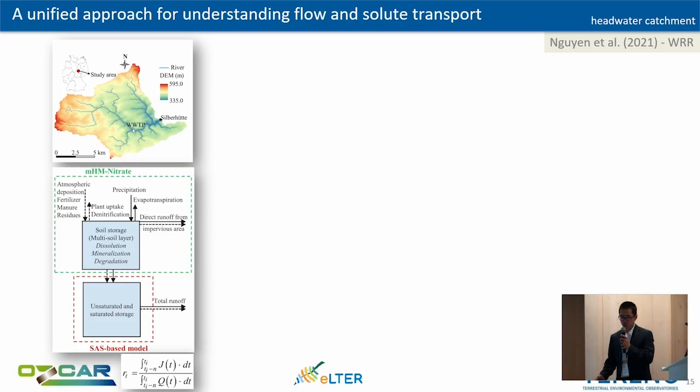We use different functional forms of the SAS function, allowing it to change its form, for example preference for young water or preference for old water, depending on the ratio of the antecedent inflow and outflow, mimicking what we understood from the physically based model.